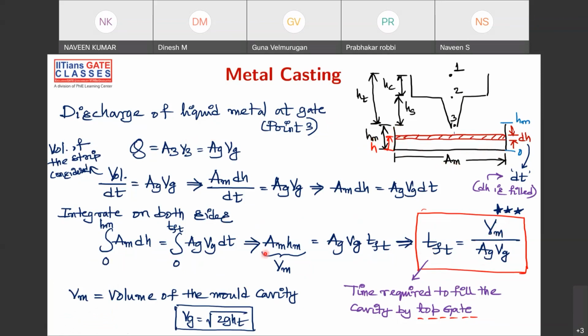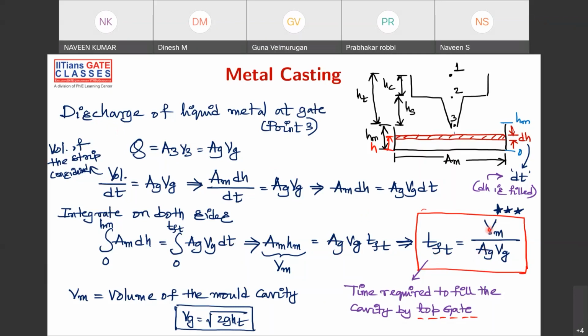No need to worry about this derivation. If you want to, you can go through it, it's very easy to understand. But for the sake of this examination, I request you to try to remember this formula, as we don't have much time here.